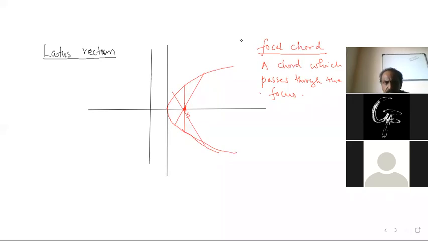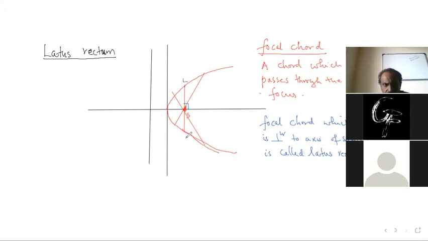But there is one speciality in this focal chord. It is perpendicular to the axis of symmetry. So the focal chord which is perpendicular to the axis of symmetry is called latus rectum.